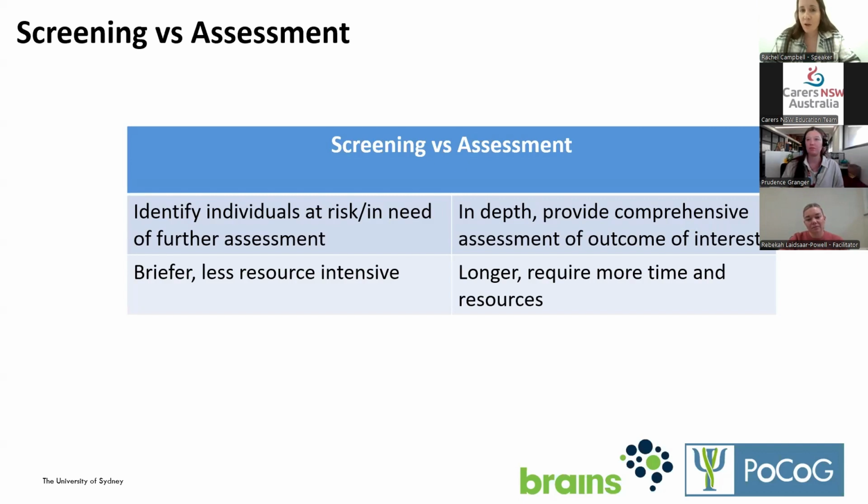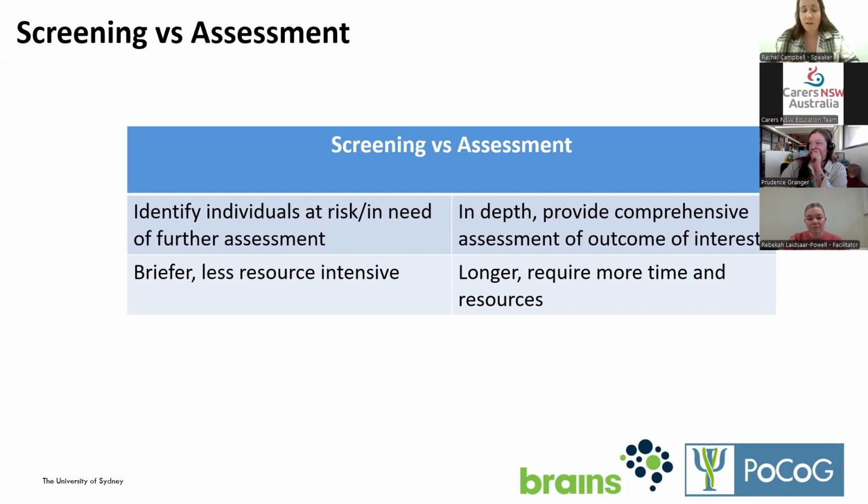Whereas the purpose of assessment measures is really to provide a more in-depth comprehensive coverage and assessment of whatever your particular outcome of interest is. And so screening measures tend to be much briefer and less resource intensive, whereas assessment measures tend to be longer and typically require more time and resources for them to be administered.